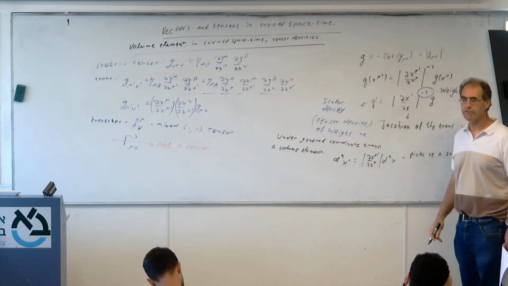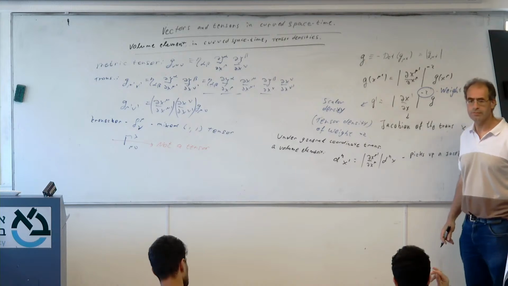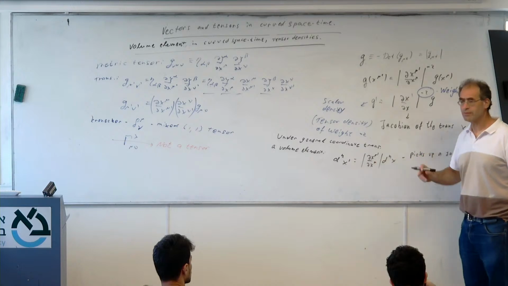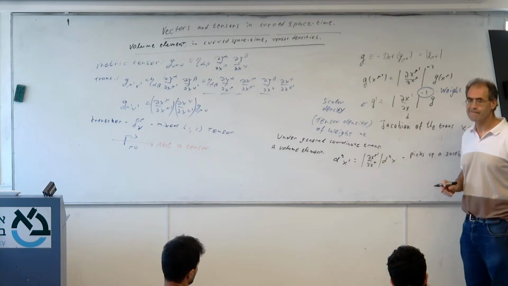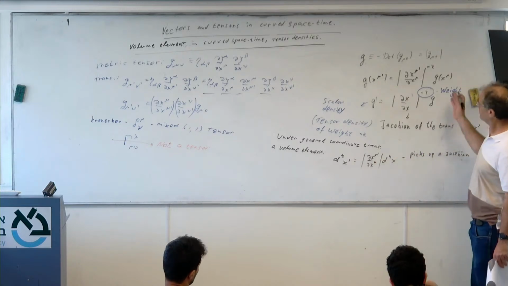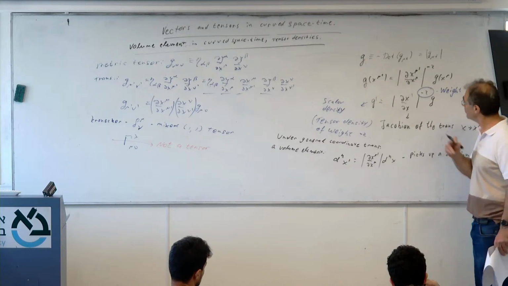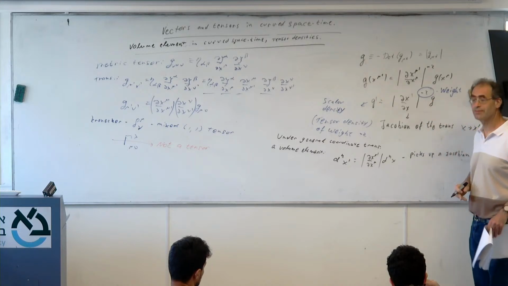If I want to get an invariant volume element, what do I do? If I want something which is invariant, what do I do? Oh, multiply with G? Right. Multiply not with G, but with the square root of G. Right?